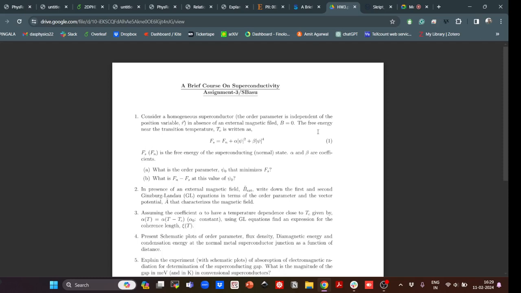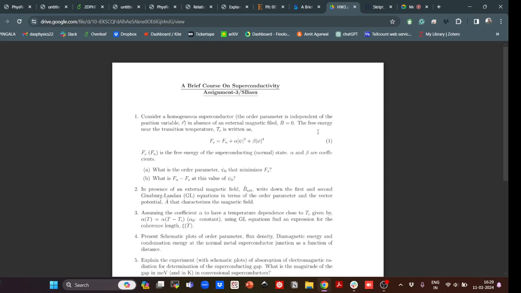So you have, let's say, a normal metal and a superconductor. Then it is asking how the order parameter behaves, right? Let's say I have the order parameter with this value, and then as we enter the normal metal, it will start decreasing, right?